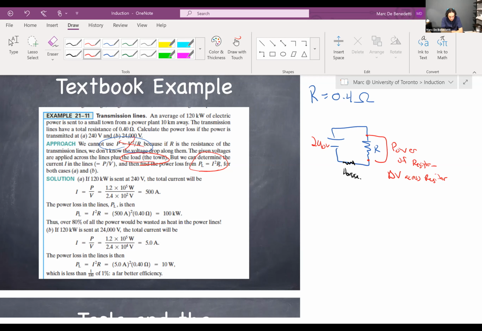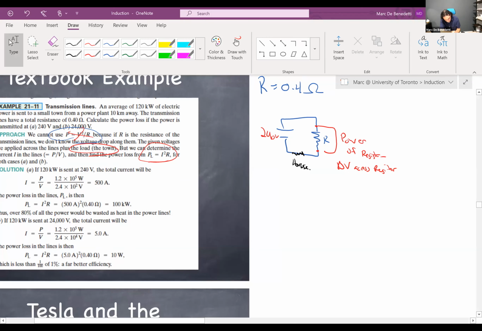So for both cases, the voltage of the power source matters. For A, the plant is 240 volts, so what will the current be?